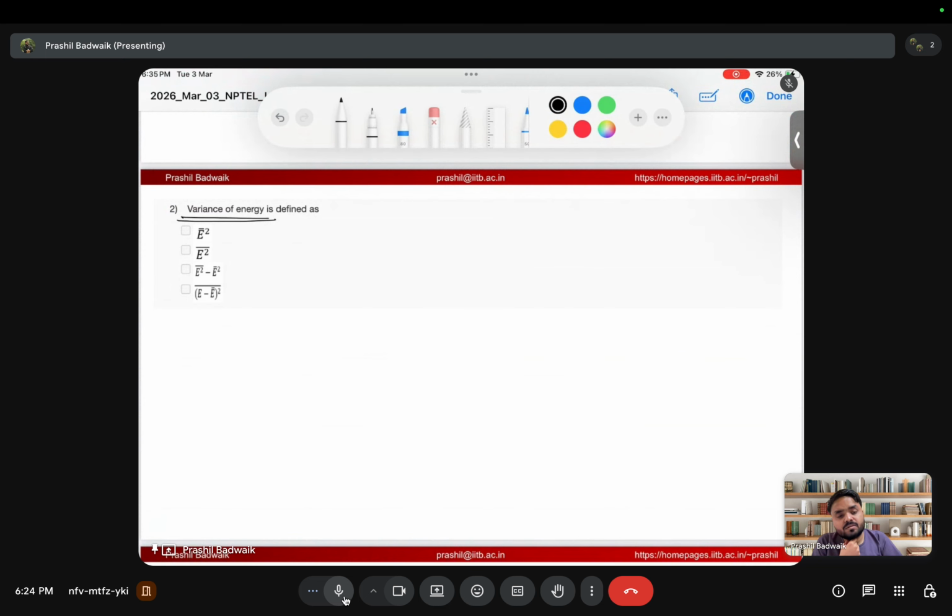So you need to get an understanding of how energy is changing with the time, and then you need to get an idea about standard deviation, and third one is variance. So there is a relation between standard deviation and variance V, right?